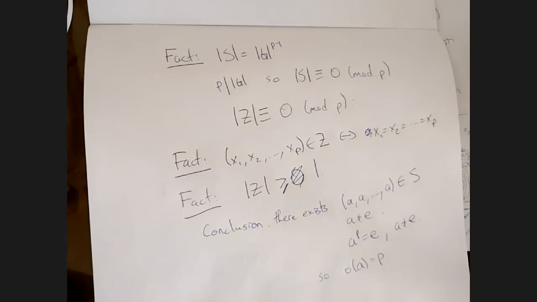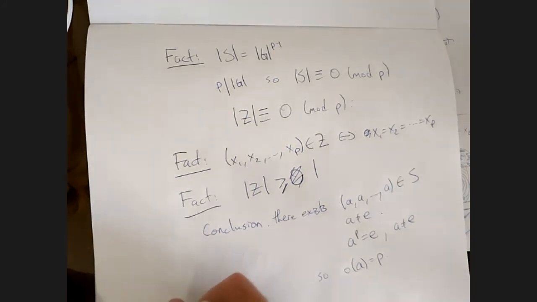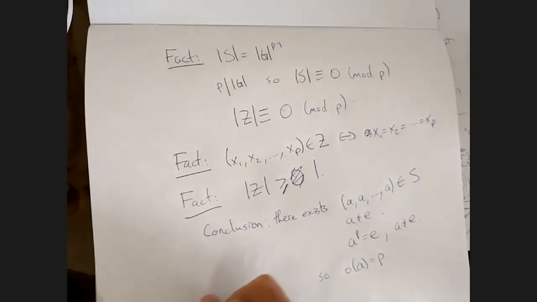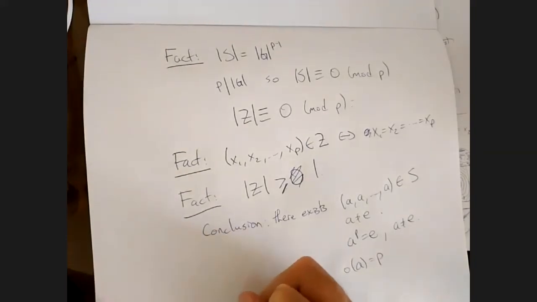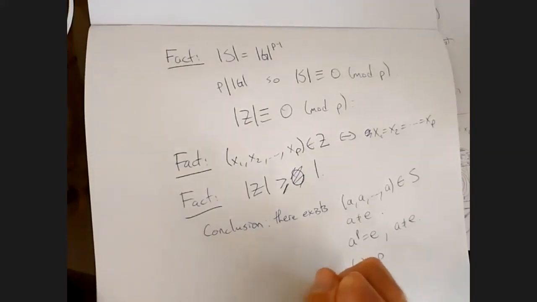Okay, so now we know that, like in a group with 105 elements, there is an element of order 7, there's an element of order 5, and there's an element of order 3. All right, so example, let the order of G be 105.